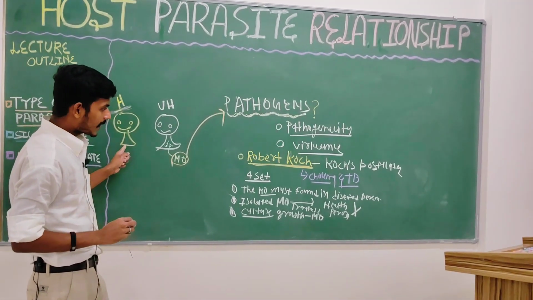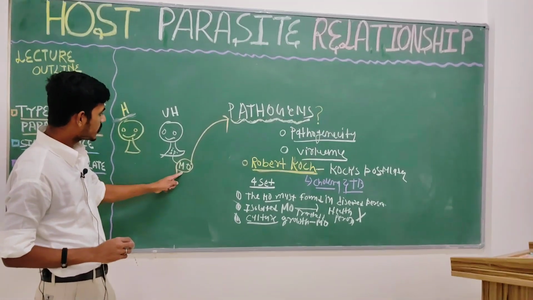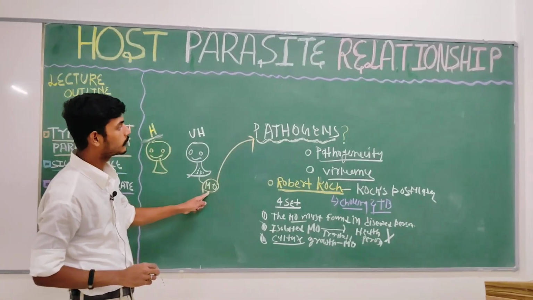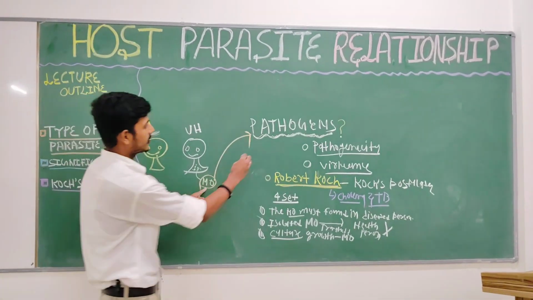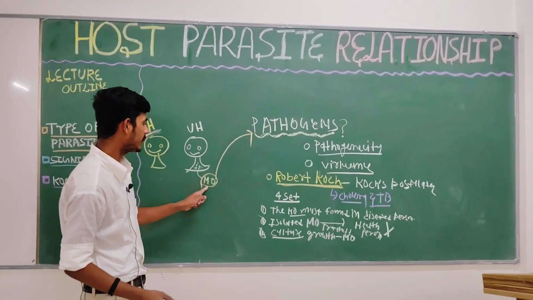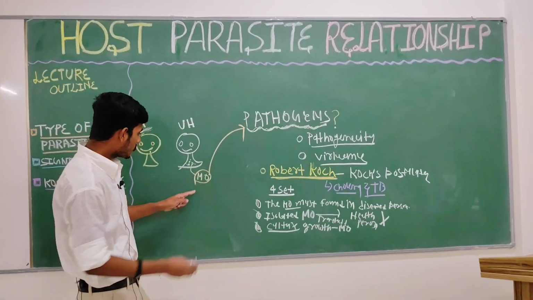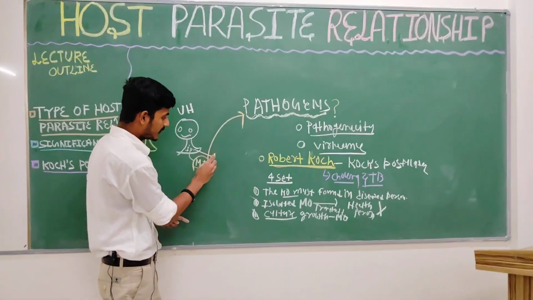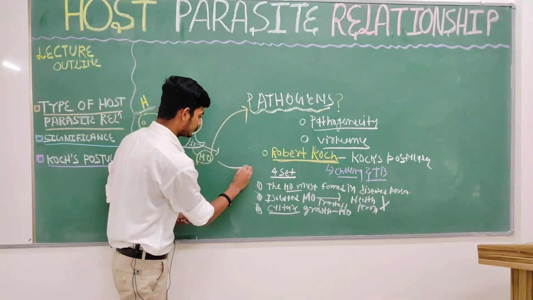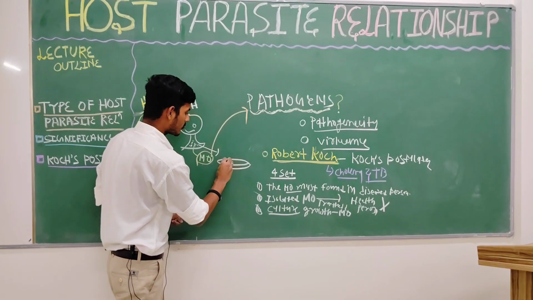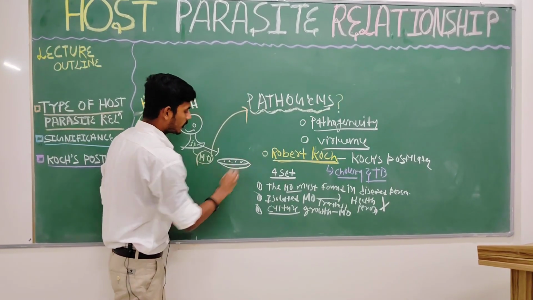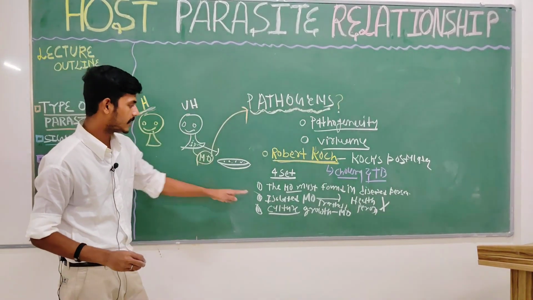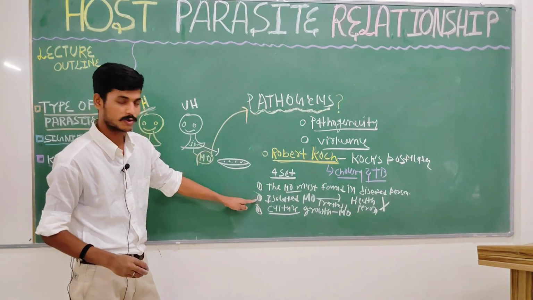Now, the second thing this microorganism has to fulfill in order to behave as a pathogen is that once it is extracted from the diseased person, it must grow on the culture. If it grows on the culture, then it satisfies Robert Koch's postulate.